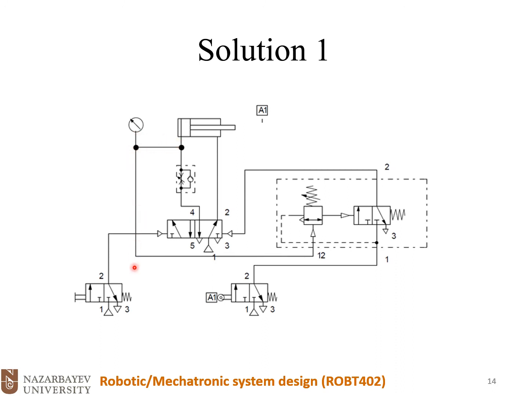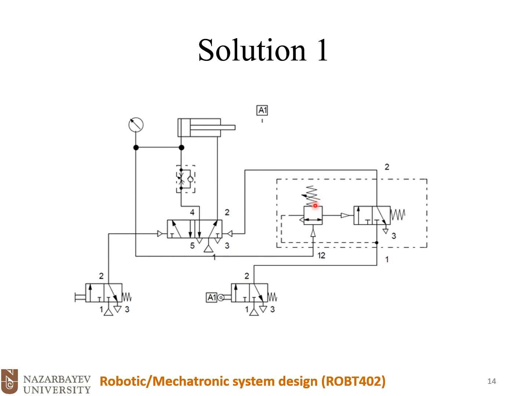This pressure could be used as a pilot or signal pressure. Once it reaches the 4 bar, which could be set here, you double click here and set the preset air pressure to 4 bar.